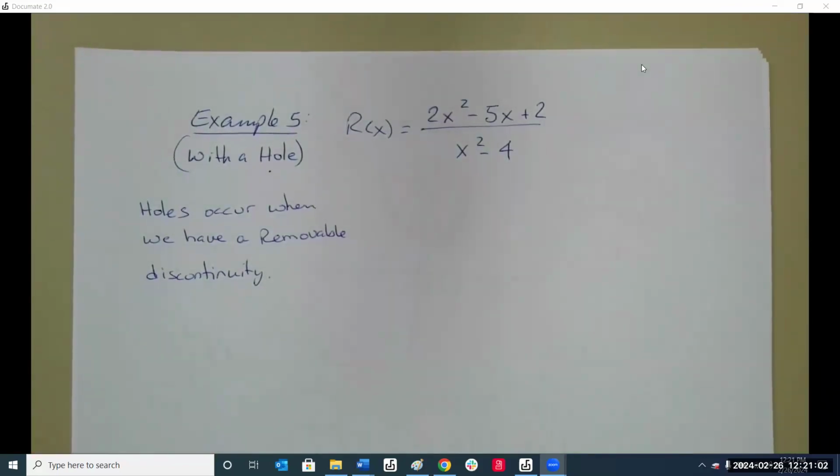In other words, what that means is when we factor it out, something from top and bottom cancel out. The same factors cancel out. At that point, even though it's a vertical asymptote, there's a hole. And that's where the graph can cross through that hole.